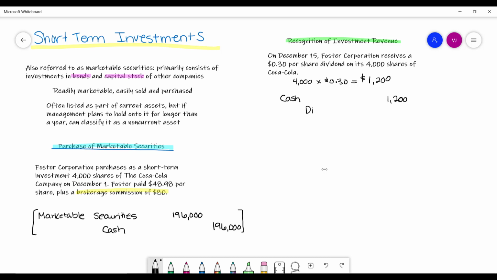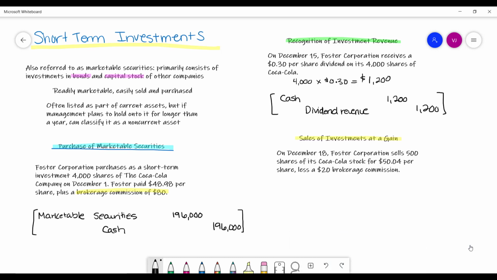We want to credit an account called dividend revenue for $1,200, because we are the ones receiving the dividends. It's revenue to Foster Company. So they're going to debit cash for $1,200 for the amount of cash received and then credit dividend revenue to report that amount of revenue that has actually been earned now.